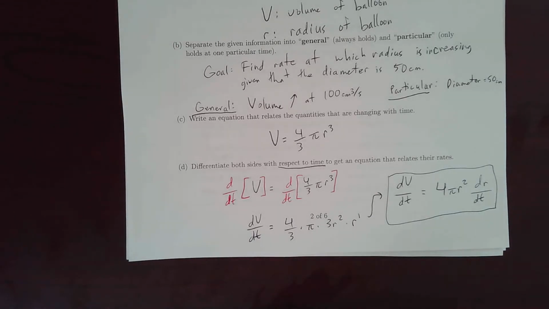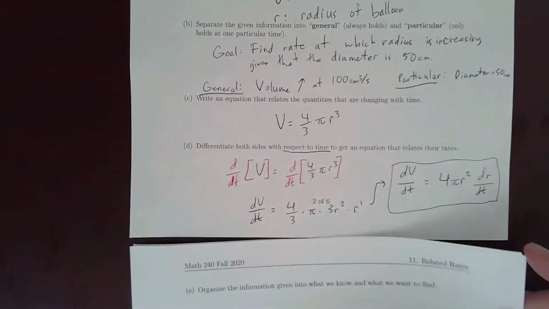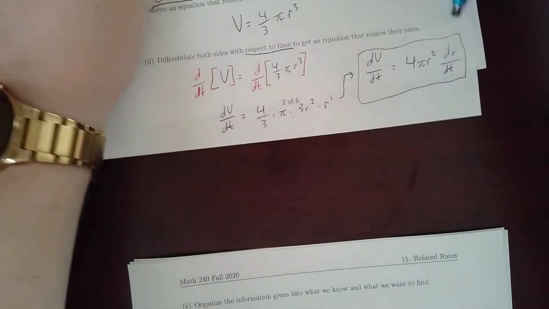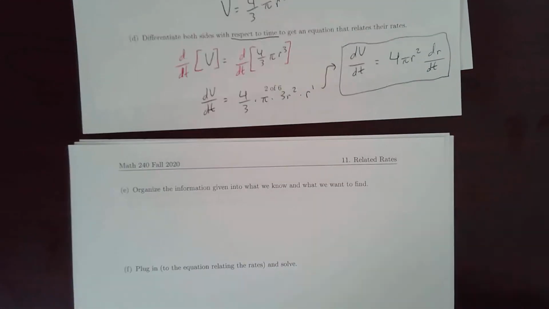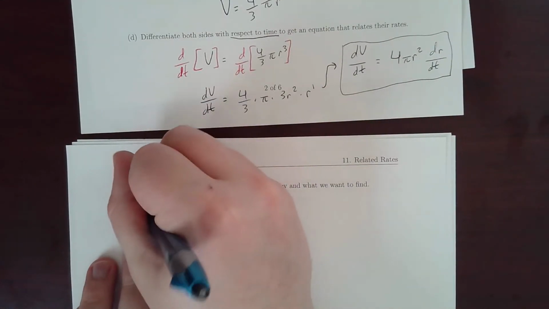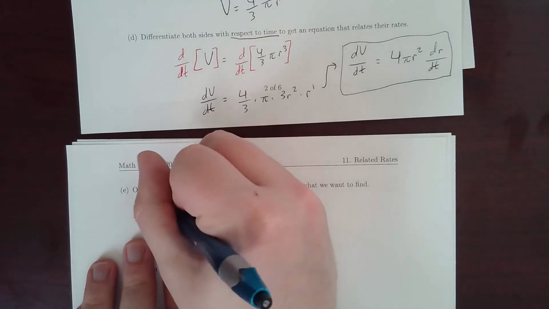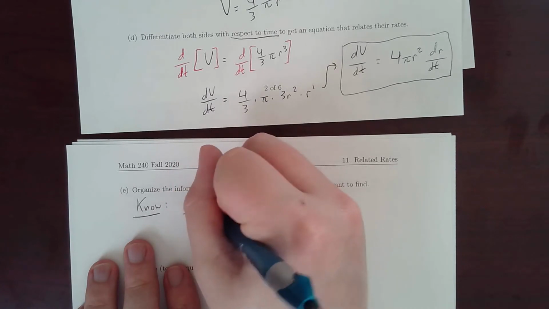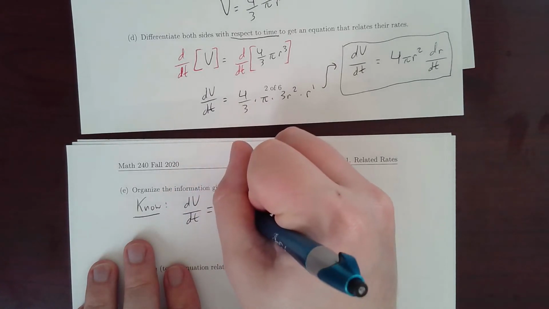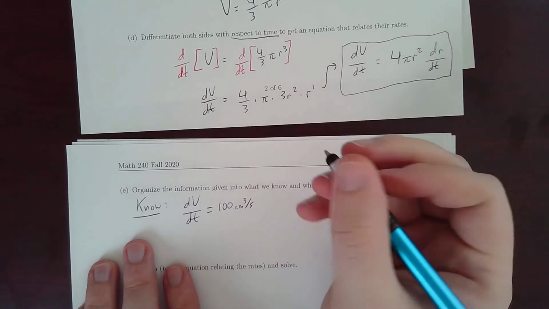So this will be the equation we have now that relates what those rates are going to be. So at this point, we want to take the information we have and this equation and use what we know. So things we know are that the volume is changing at a rate of 100 centimeters cubed per second.